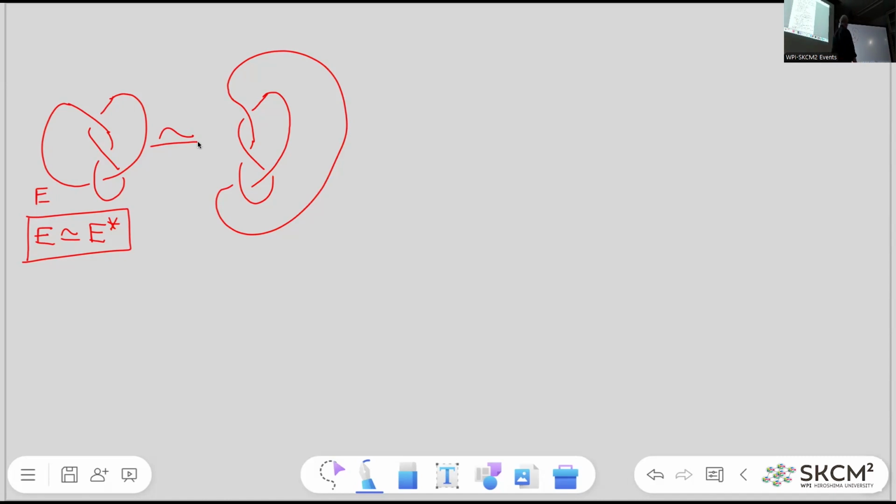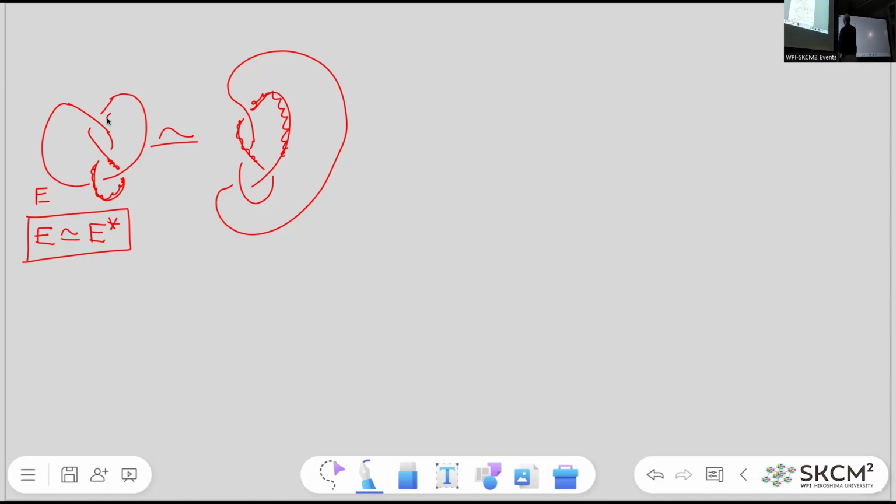But now look at this again and see that there is some analogy between this loop, which is going here, and this loop, which is going here. And two crossings.